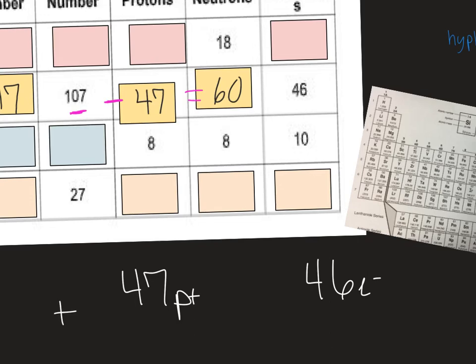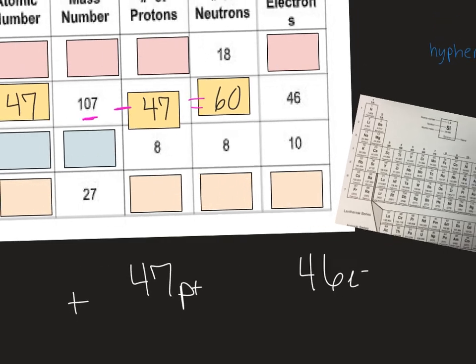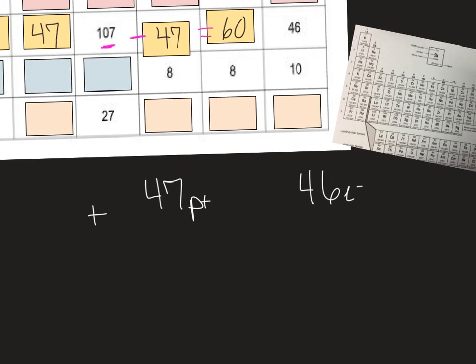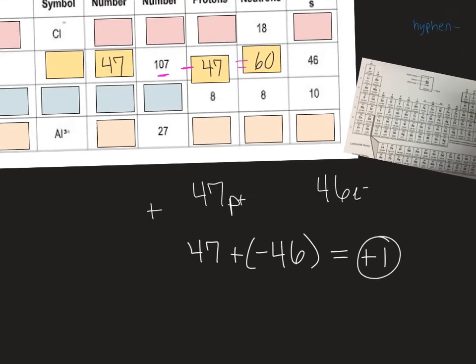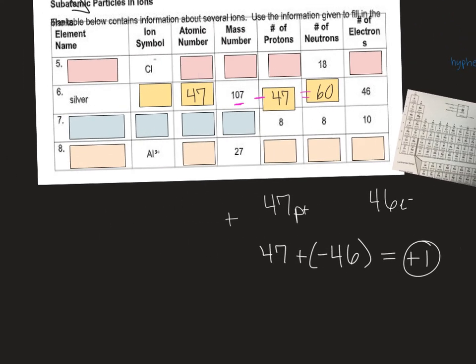So the way we would handle this, kind of looking at the little equation method here, we would have our 47 plus a negative 46, meaning 47 minus 46, we would get a plus 1 charge. And that right there, that charge, just like above, so let me write it in pink.